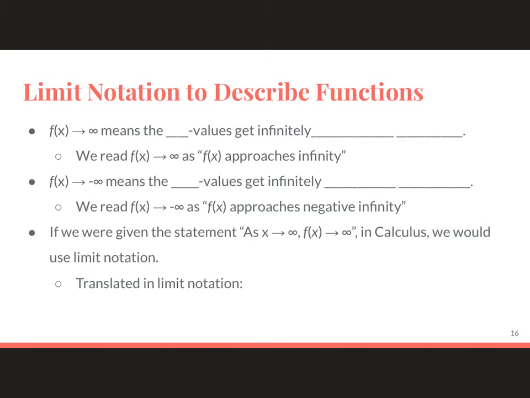So when we're talking about limit notation, there are a few different parts, right? Let's break it up into different parts. We have our f of x component and we have our x component. So we can look at how our x is going to behave and how our y is going to behave.